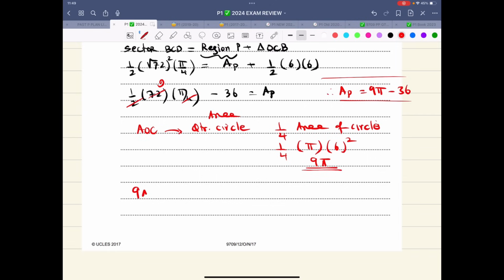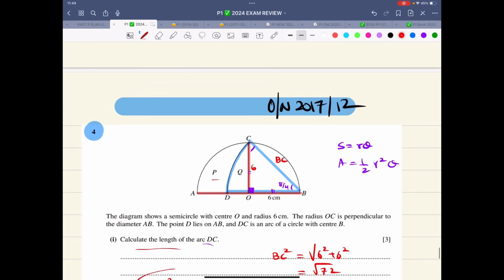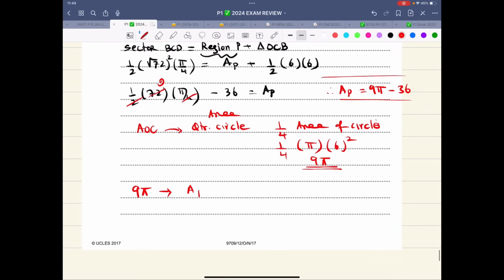So this 9 pi is actually P plus Q. Therefore, area of Q is 9 pi minus area of P. That is 9 pi minus 9 pi plus 36. 9 pi cancels, minus minus cancels, that is 36.